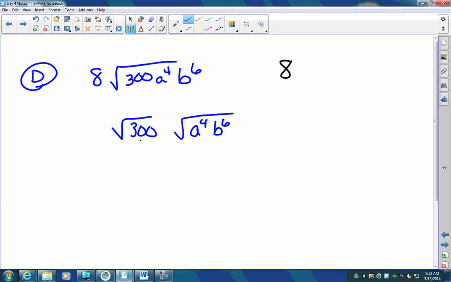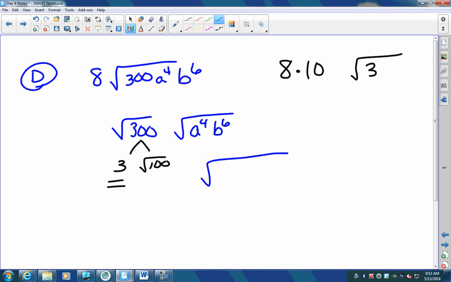If I look at 300, that splits up as 3 times 100. I did it that way because the square root of 100 is 10, and 100 is a perfect square. So the 10 will come out, so I'll have 8 times 10. Underneath the house, this 3 still stays there. Then you look at your a's and your b's. I have a to the 4th, 1, 2, 3, 4, and b to the 6th, 2, 3, 4, 5, 6.